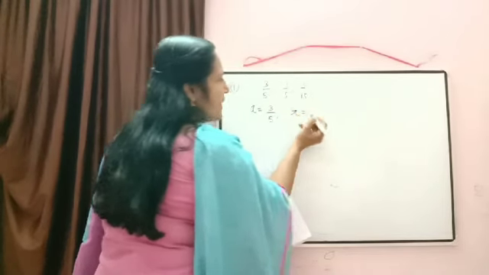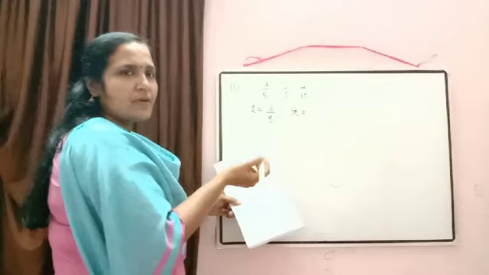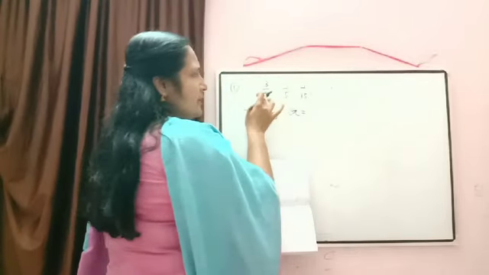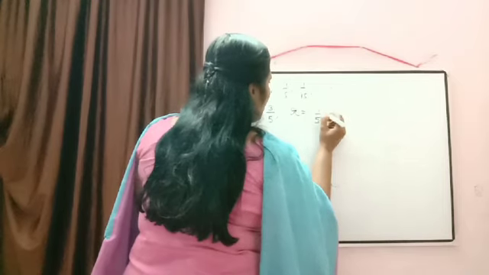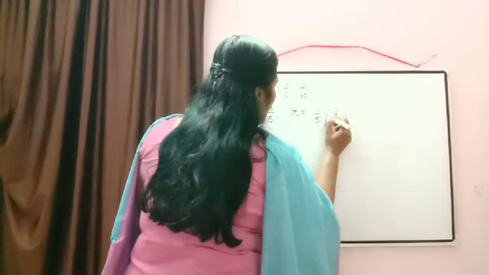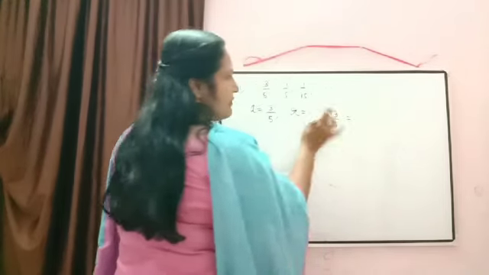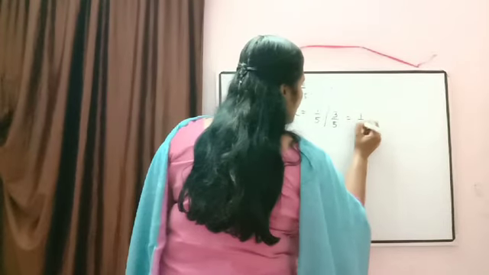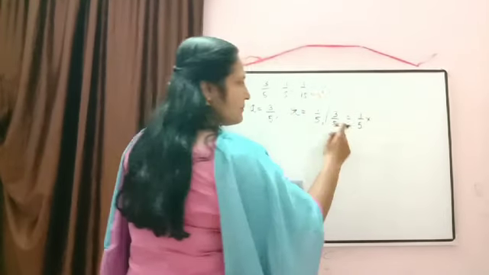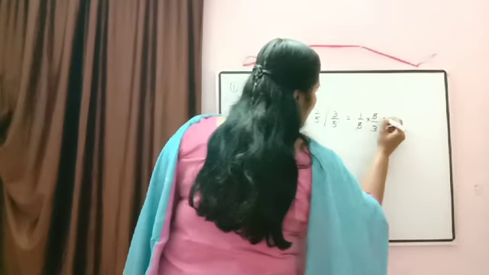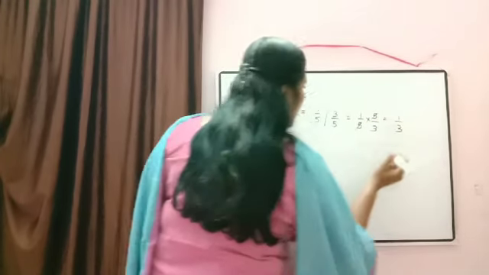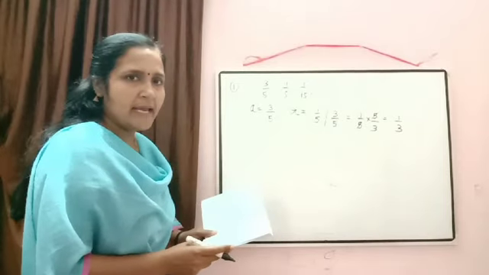The common ratio R is equal to the second term divided by the first term. So it will be 1 by 5 divided by 3 by 5. When we change the division into multiplication, it will be 1 by 5 into 5 by 3. Here 5 and 5 get cancelled. We get R is equal to 1 by 3.